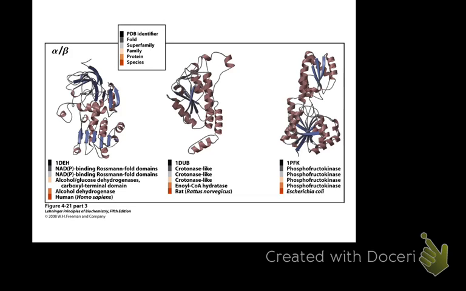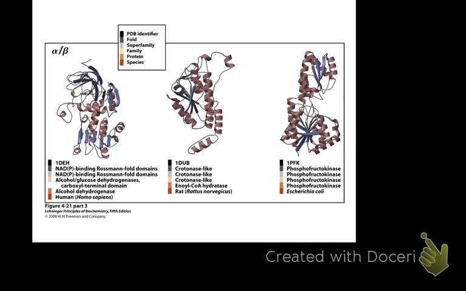Dehydrogenase is another name for what kind of enzymes? What do dehydrogenases do? They remove hydrogens, but they don't remove them as a proton typically. They do redox reactions, and they almost always will use NAD, NADH, or NADP, NADPH.